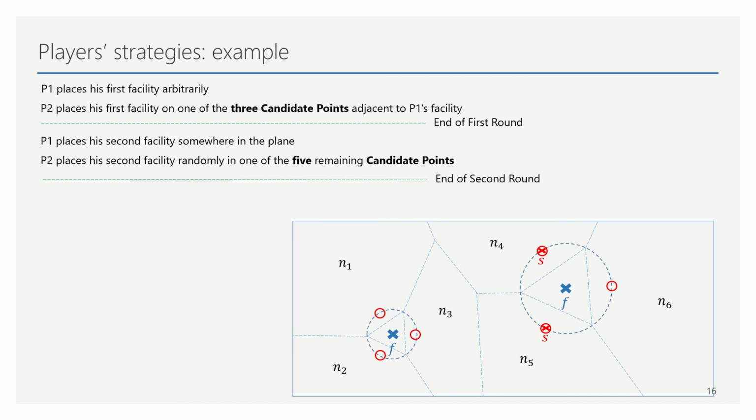Because of the properties that we have explained before about the candidate points, the sum of n1 to n6 is equal to the total number of users. And we find that P2's expected payoff is at least 1/5 of it.